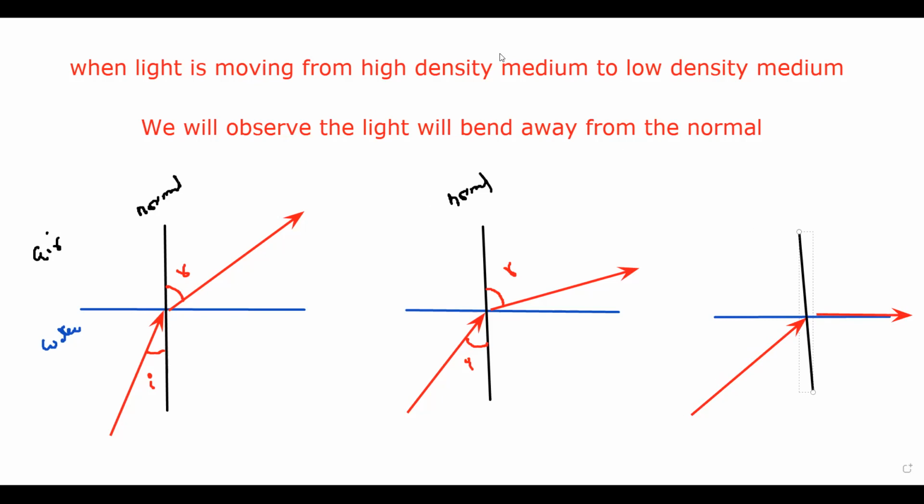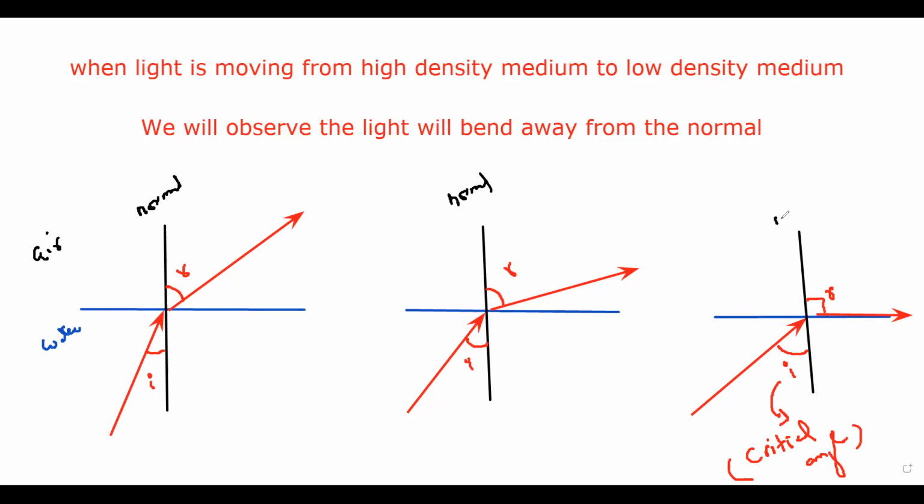So we label this as the angle of incidence and this one as the angle of refraction. Now this angle of incidence for which the angle of refraction is 90, what do we call this angle of incidence? We call this angle of incidence the critical angle. So critical angle is basically an angle of incidence for which the angle of refraction is 90 degrees.